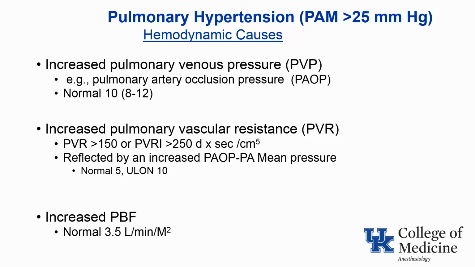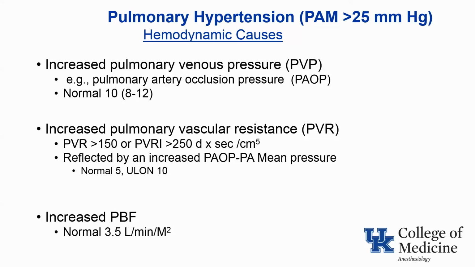On this slide, I've summarized again the hemodynamic causes of increased pulmonary artery pressure, namely increased pulmonary venous pressure, increased pulmonary vascular resistance, or increased pulmonary blood flow. The pulmonary vascular resistance can be reflected by the gradient between the pulmonary artery mean pressure and the pulmonary artery occlusion pressure.